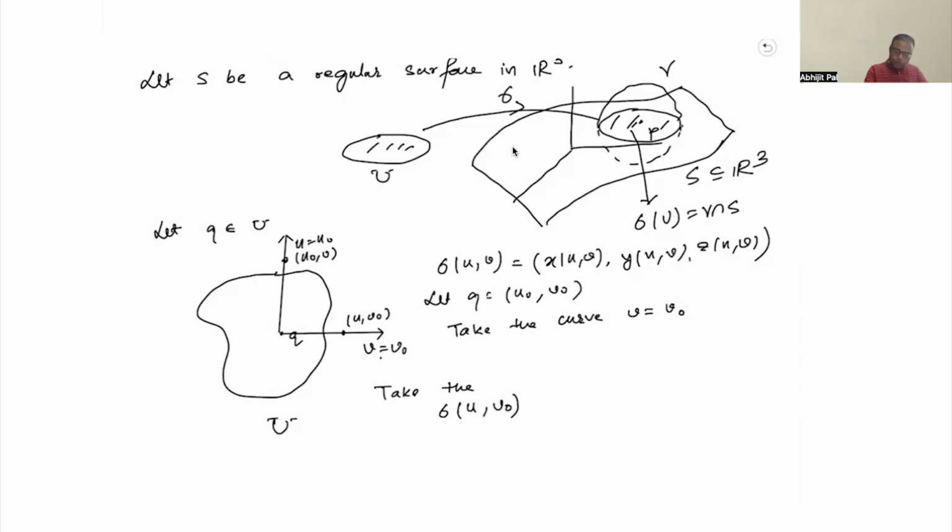So u is varying. So u goes to sigma(u, b naught). Or if you want, I can write it like this: alpha(u) is defined to be sigma(u, b naught). Okay, all right.